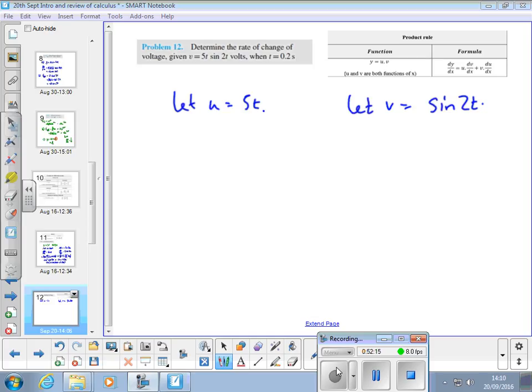Next step, Sophie. Differentiate. So the differential of 5T is 5. The differential of sine 2T is 2 cos 2T. Yeah? And then we simply plug those bits into that formula.